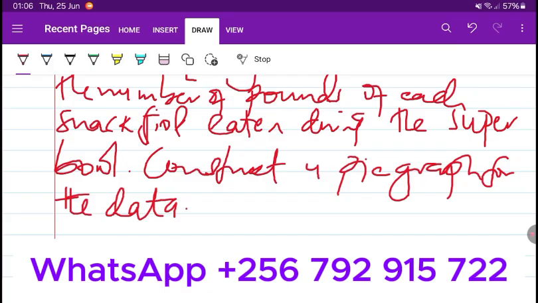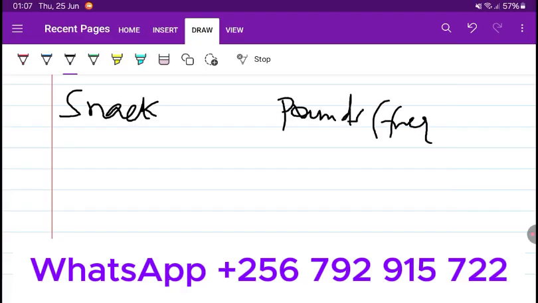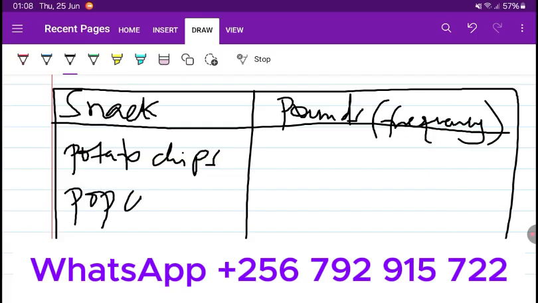So we have the different snacks. Let's present this information very fast. As of course we have a snack and then pounds. These are our frequency, but they are in millions. So we have the potato chips, we have popcorn, we have the snack nuts.